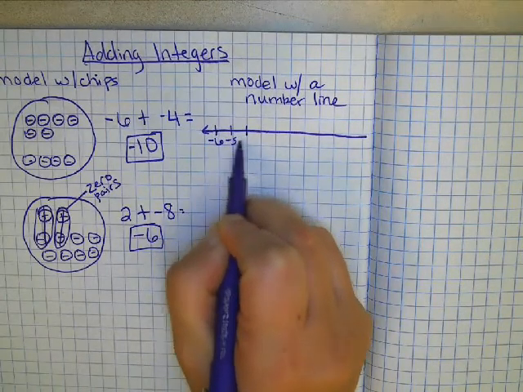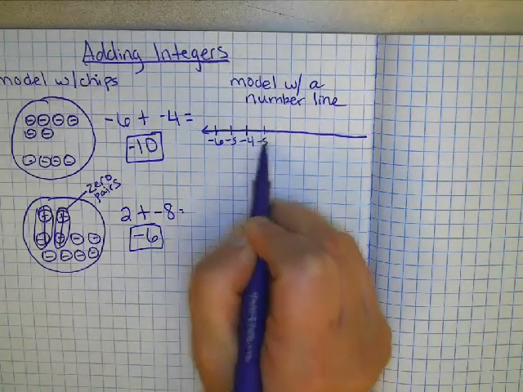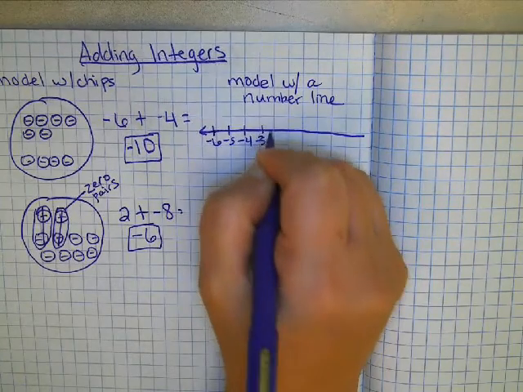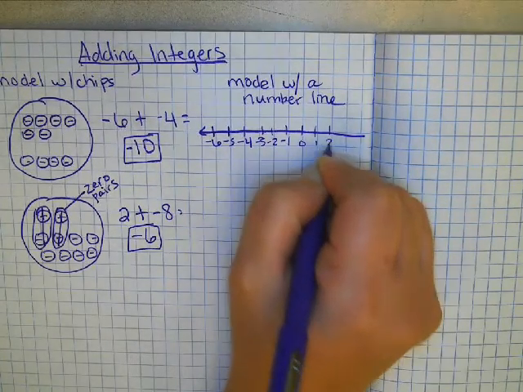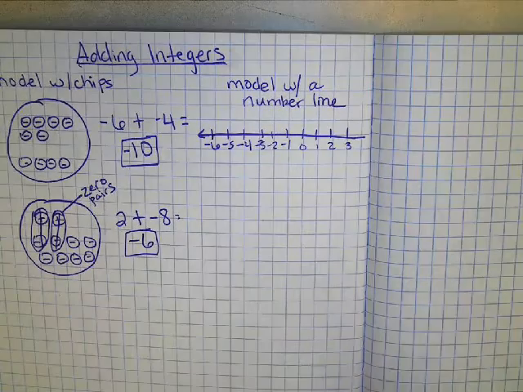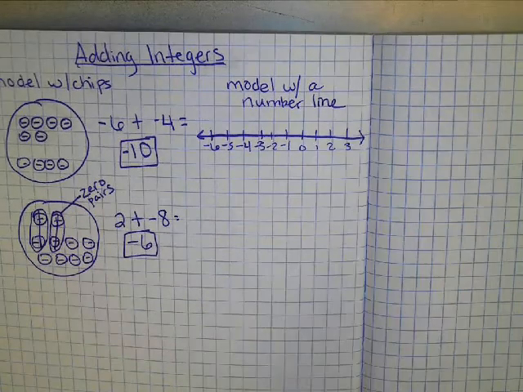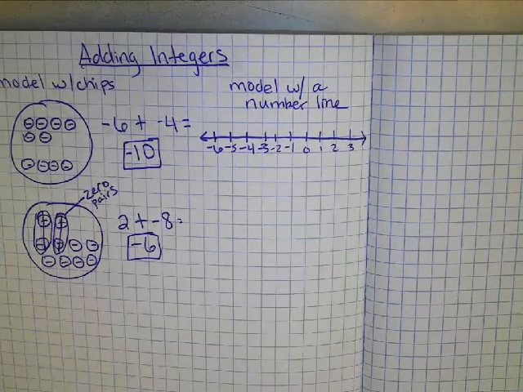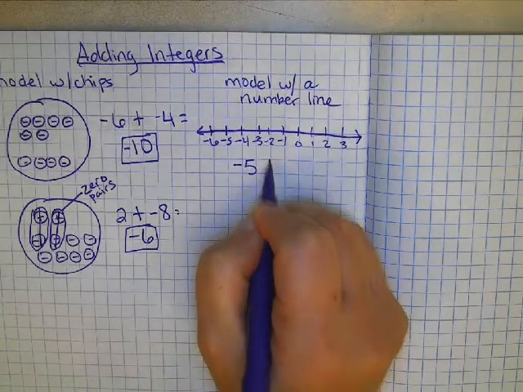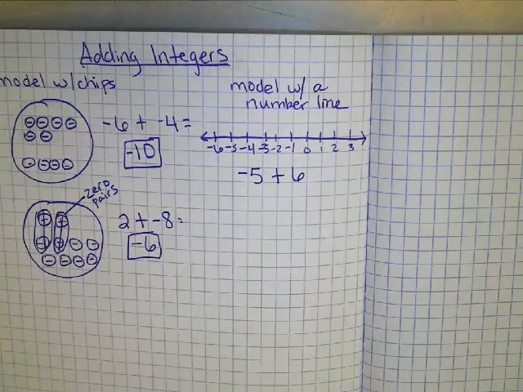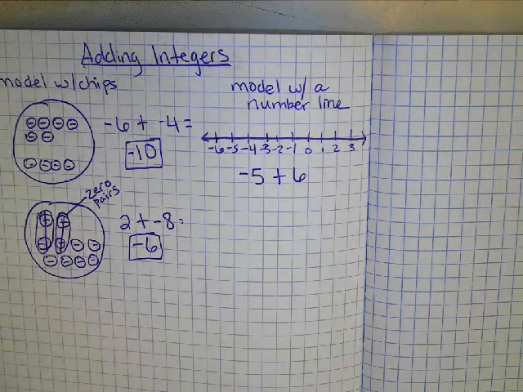I'm going to number it. Here's my number line, and remember, you can pause this video as often as you need to. And we're going to model -5 plus 6. So if you need to pause it for a second to catch up, you can.